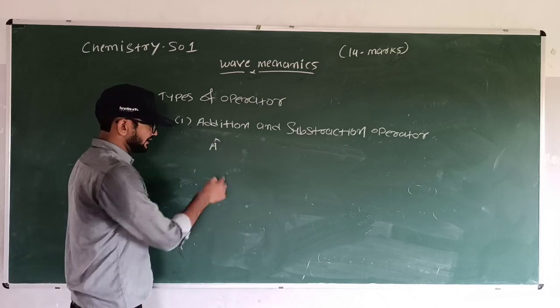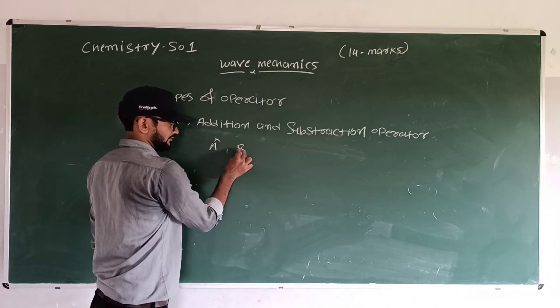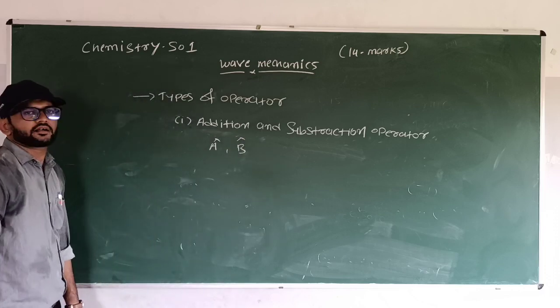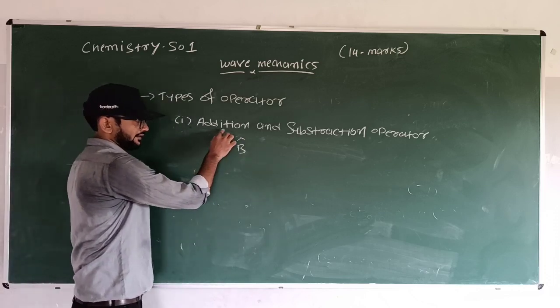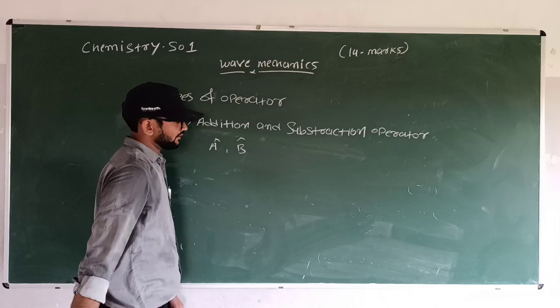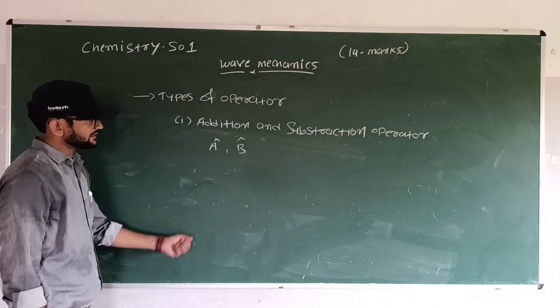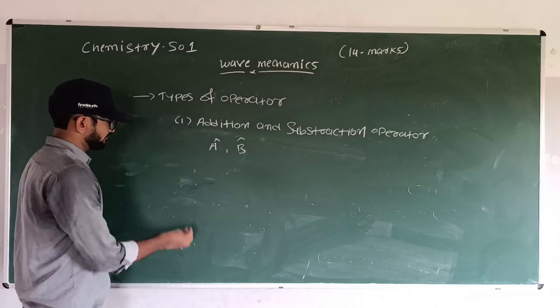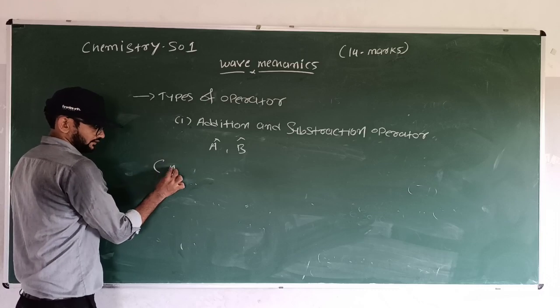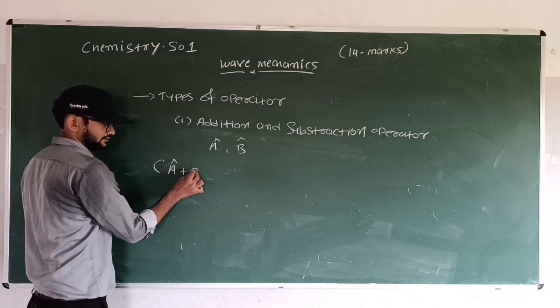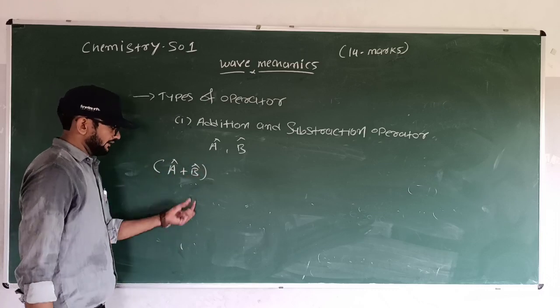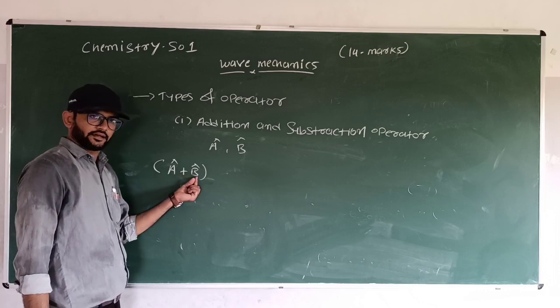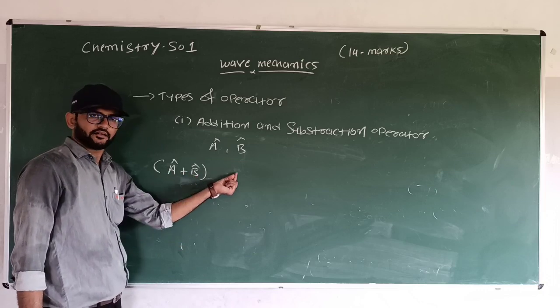If there are two operators, one is A and the second is B, then BK. These two operators are added or subtracted. So the mathematical expression of the addition operator is AK plus BK, operating on function fx.